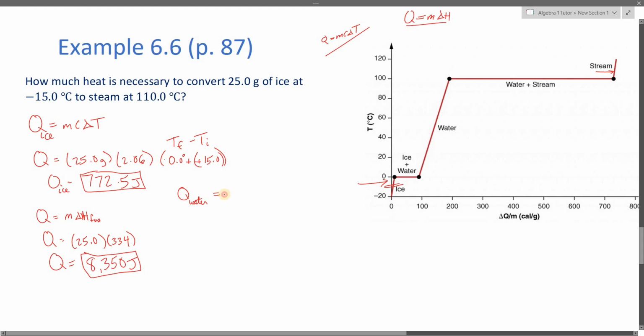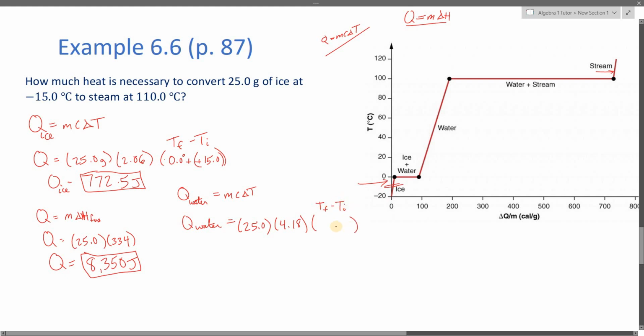So that's equal to m c delta T as well. So Q for water, the mass hasn't changed, so we still have 25 grams. Then we have the specific heat of water, same place, 4.18 joules. And then the temperature change. Remember, it's final minus initial.